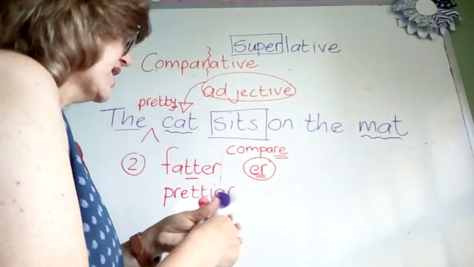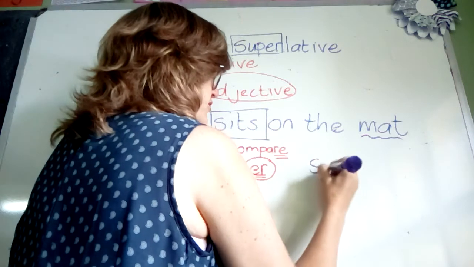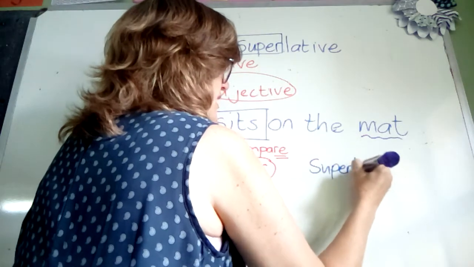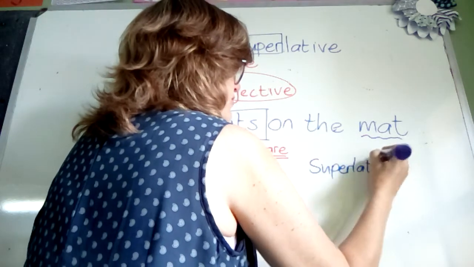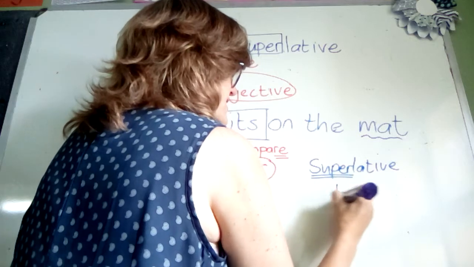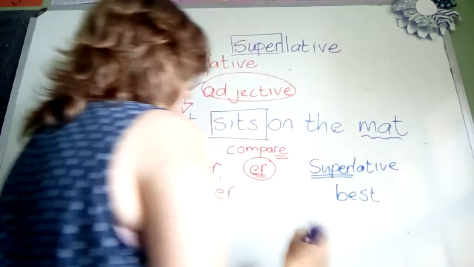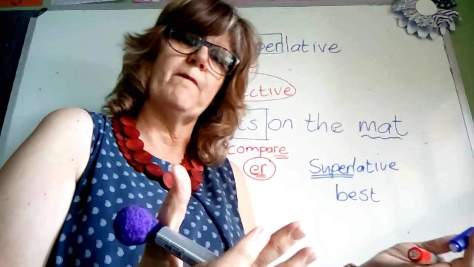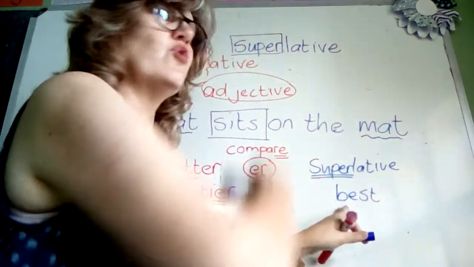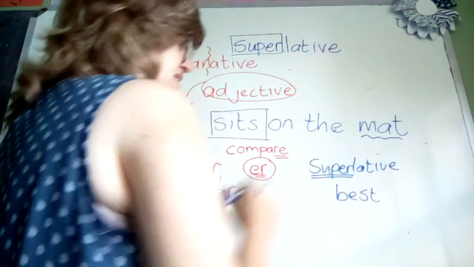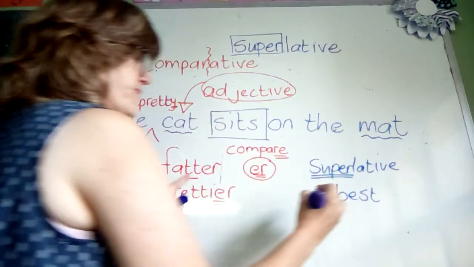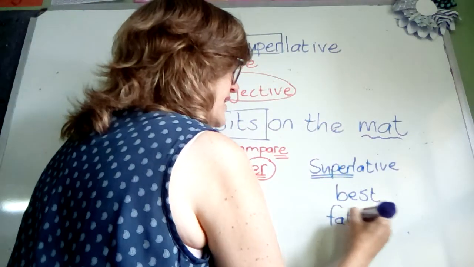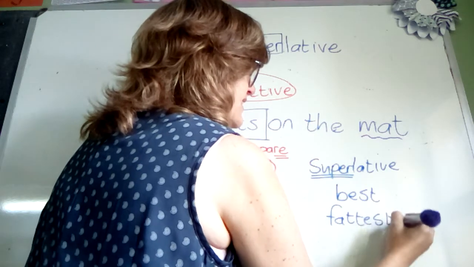So when I'm doing the superlative, I'm focusing on the super, so it's the best one. So now it's not just the two cats that I'm going to compare. Now it's of all the cats, he's the best cat. He is the fattest cat.